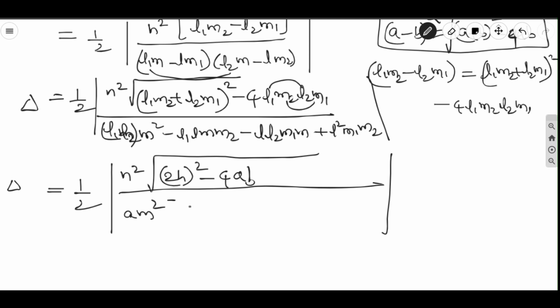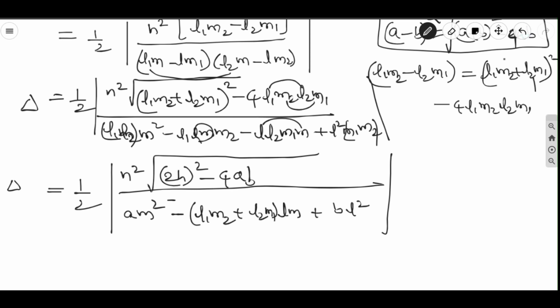Here taking Lm common. Next here m1 m2 is B, B l square. Here Lm is common. What is that? L1 m2 plus L2 m1.